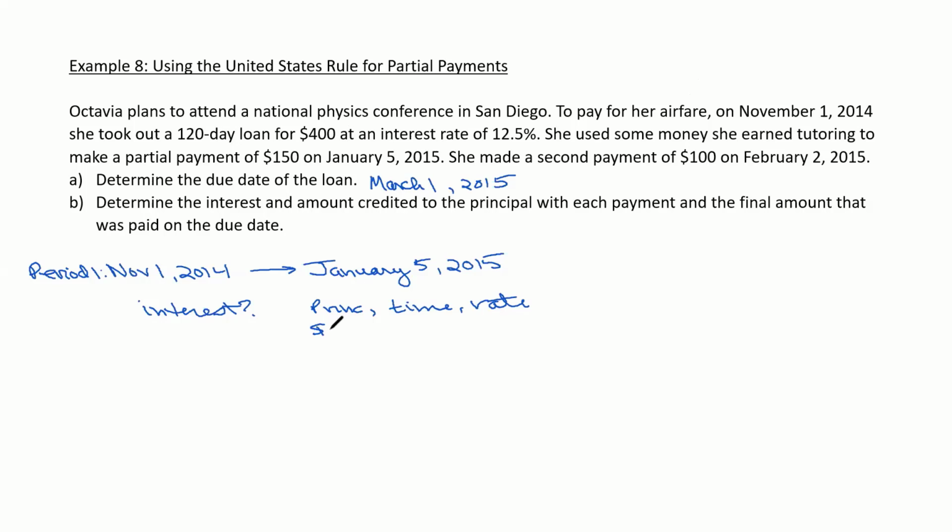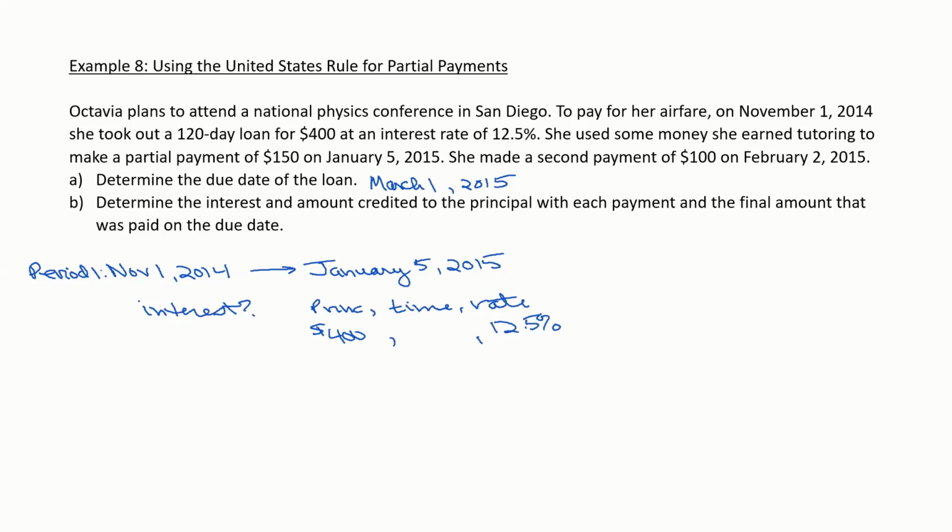So her principal was $400. Her time we'll have to figure, and her rate was 12.5%. So what we're missing is the time. Let's go to our time calculator and figure it back out.